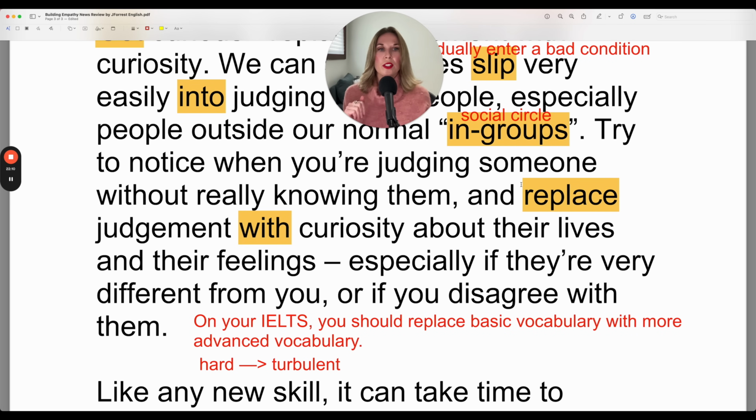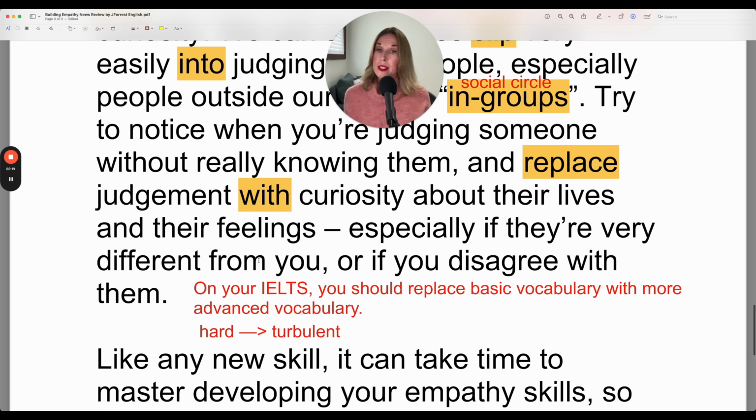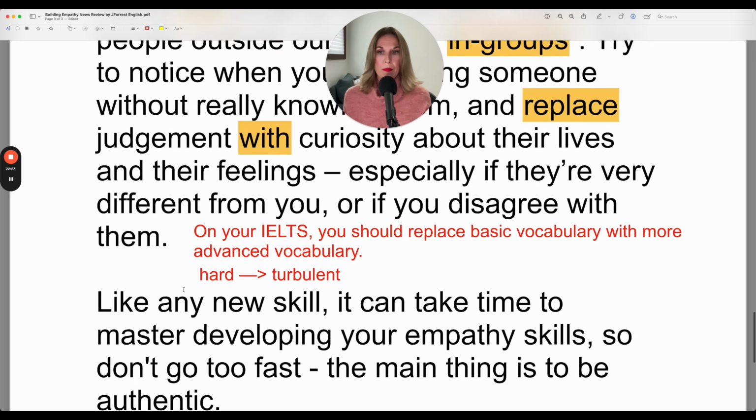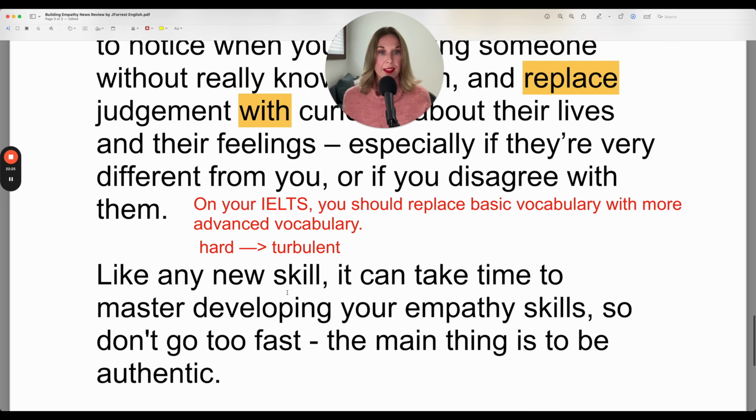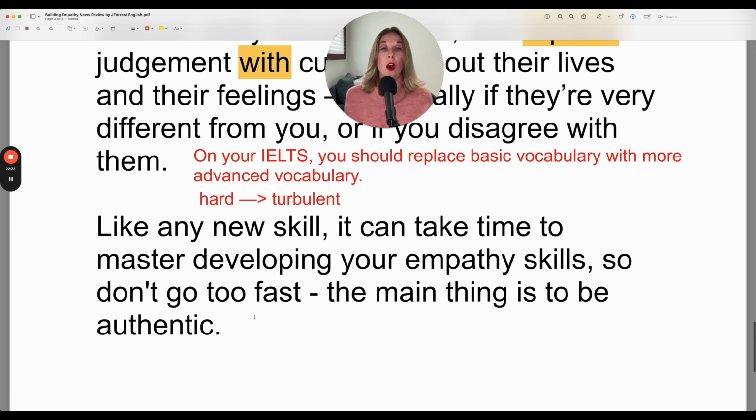And this article suggests that you should replace judgment with curiosity about their lives and feelings, especially if they're very different from you or if you disagree with them. Like any new skill, it can take time to master developing your empathy skills. So don't go too fast. The main thing is to be authentic.